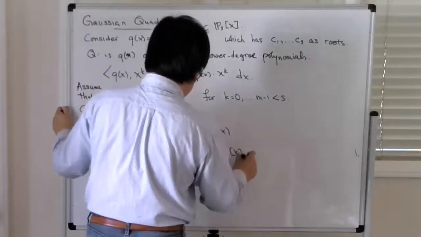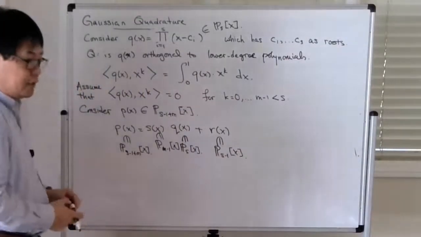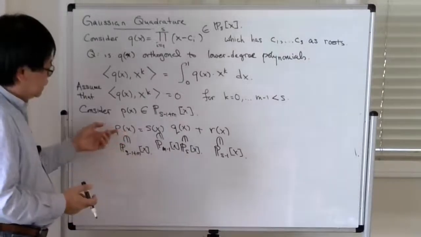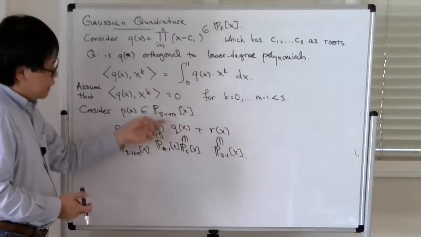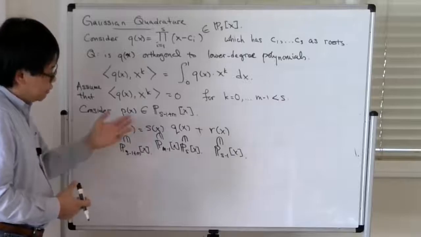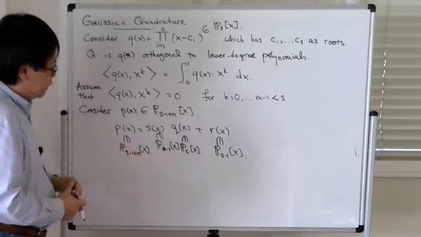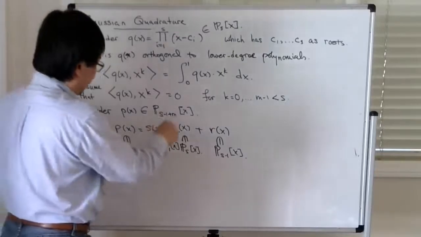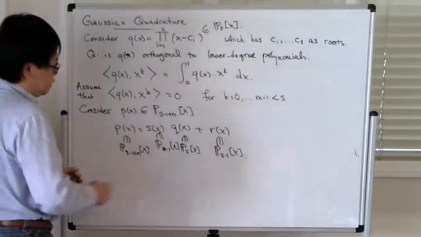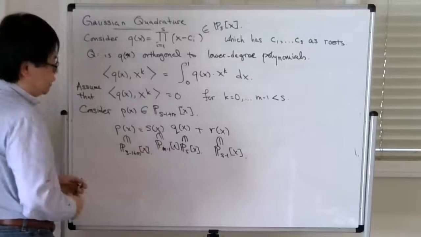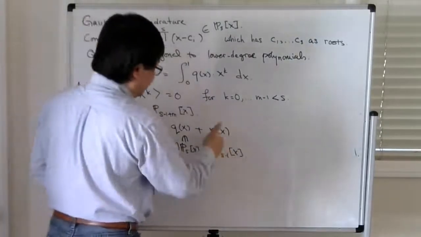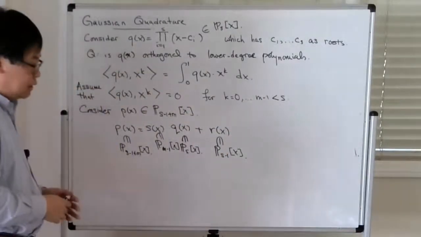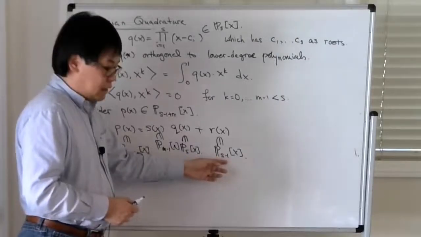Okay, so what essentially I'm doing is synthetic division. I'm quotienting p of x by q of x, and then I have this factor here, which is a polynomial of degree up to m minus 1, and I have a remainder term, which in general is a polynomial of up to degree s minus 1.